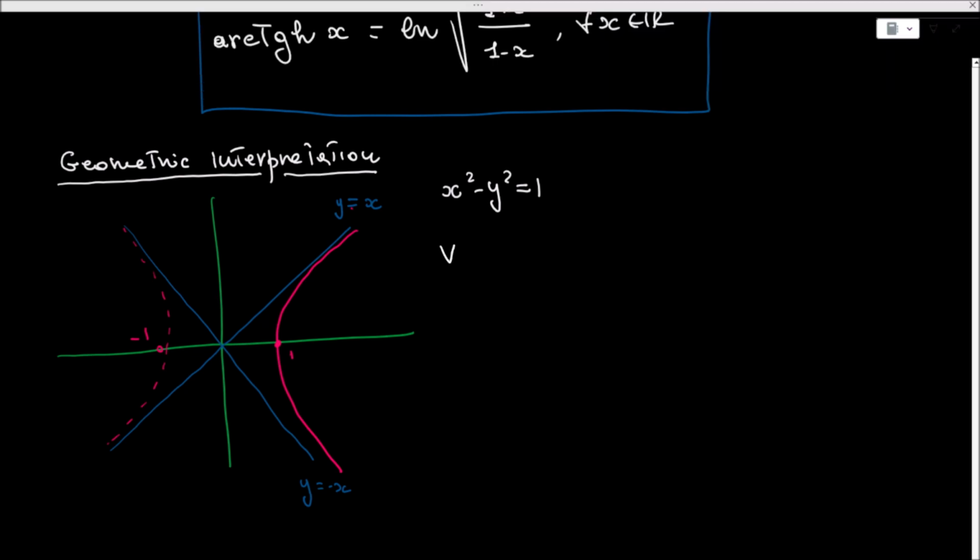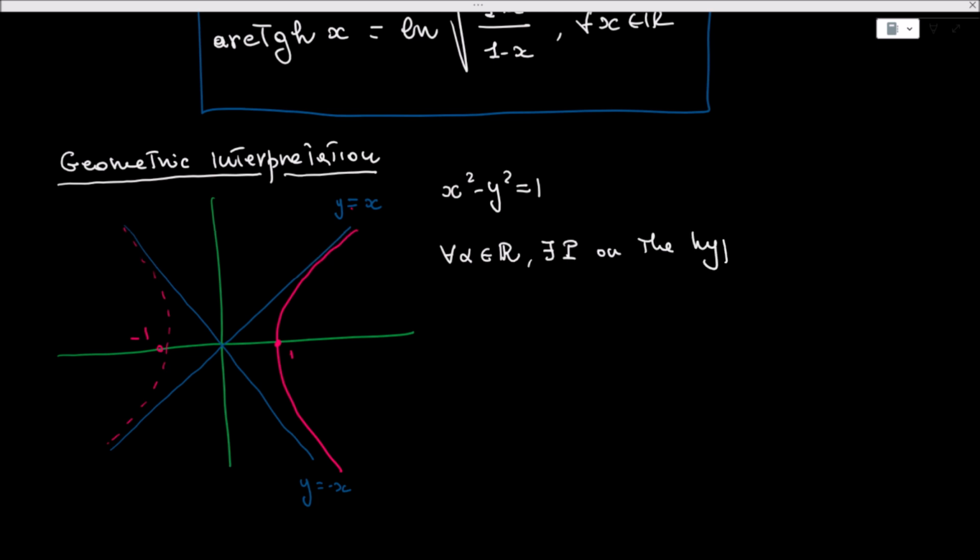For every real number alpha, there exists a point P on the hyperbola such that the area of the hyperbolic sector is alpha divided by 2.